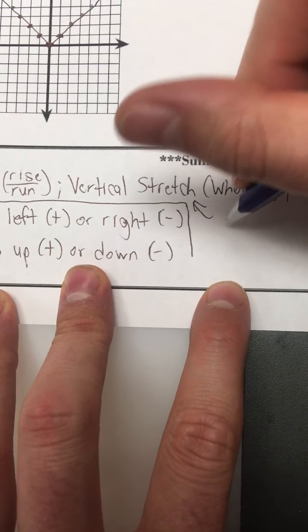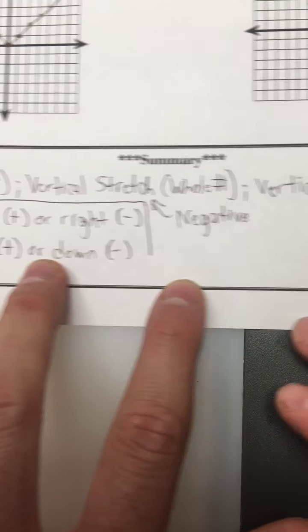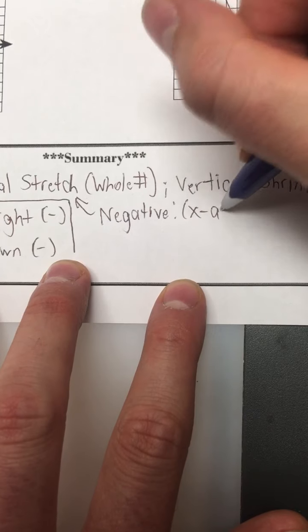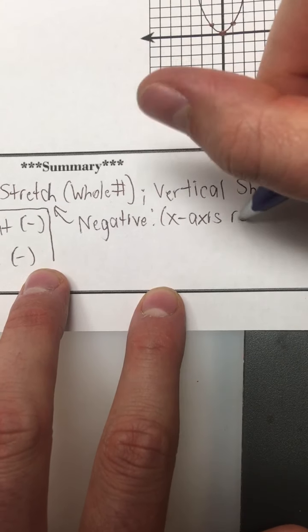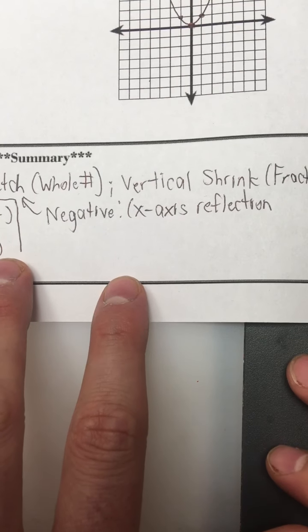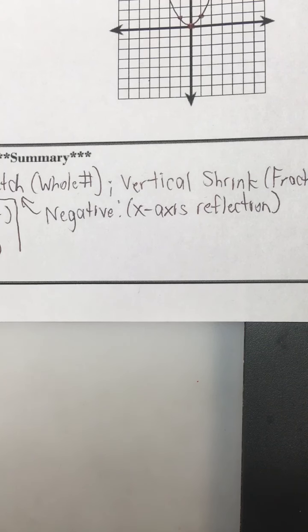But if you have a negative number for the a value, all right, in that case, we call that an x-axis reflection. X-axis reflection. Or you could just say it flips over. It's upside down. But the official term is x-axis reflection.